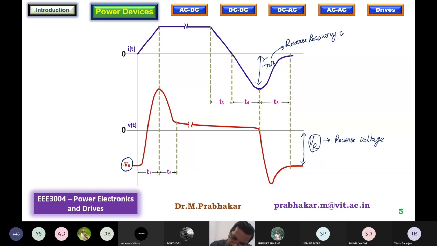And the time duration T4 plus T5, TRR, is called the reverse recovery time. This is equal to T4 plus T5.